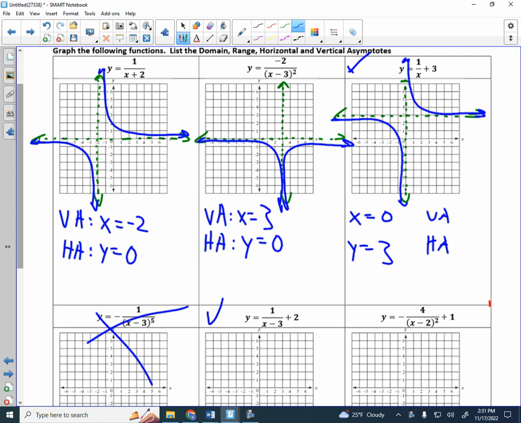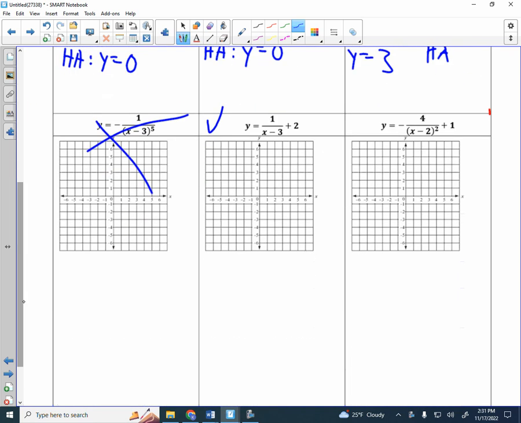So what number can you not plug in for x? 0. And what number can you not plug in for x? 3. Okay? So in this situation, you can see that your vertical asymptote, by just looking at the bottom, is going to be 3. And your horizontal asymptote is going to be that portion.